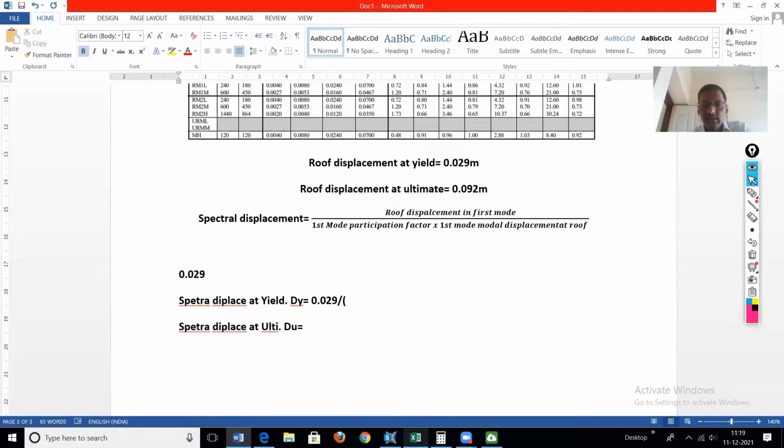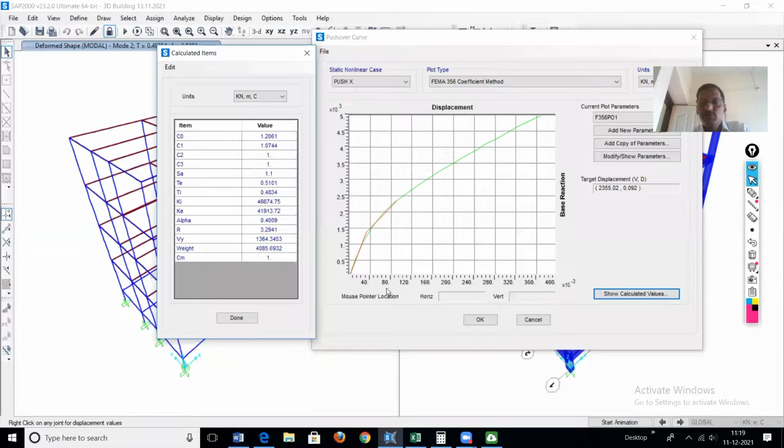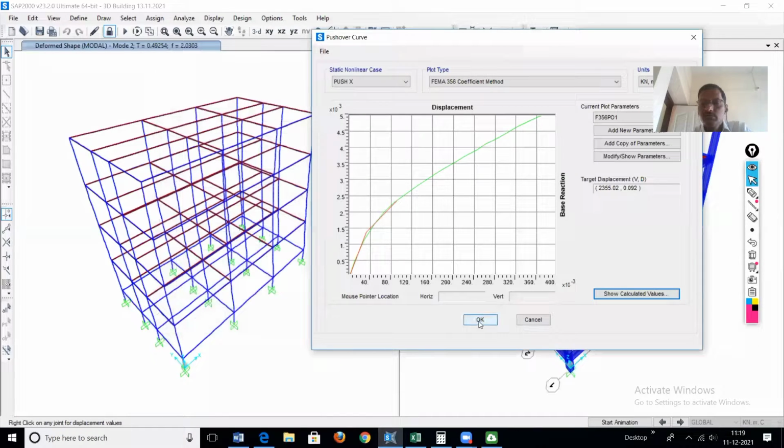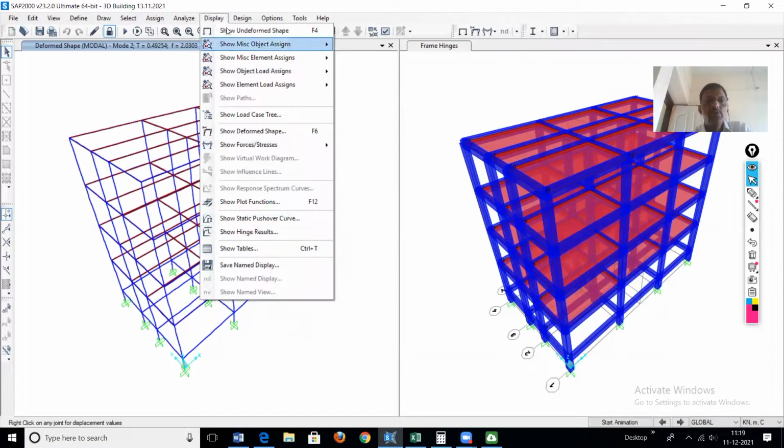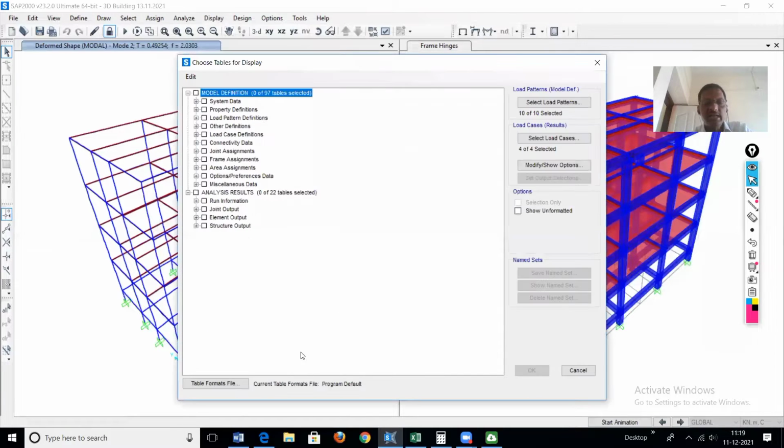We require this data, so for that we have already performed the modal analysis. See the result from the modal analysis.